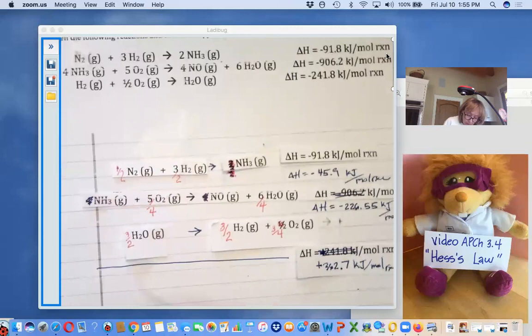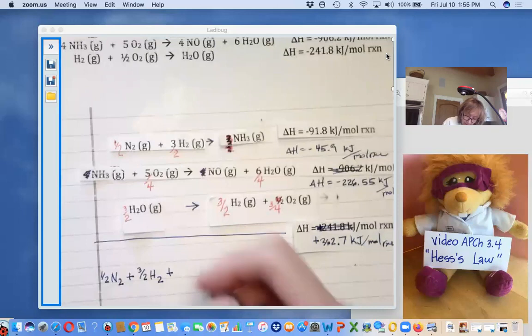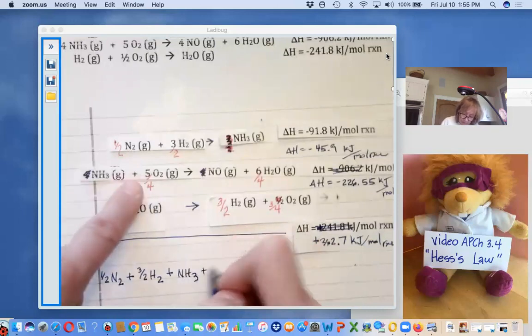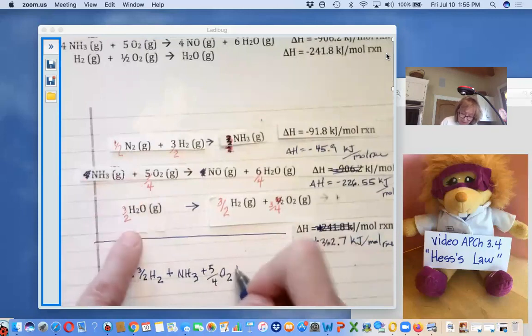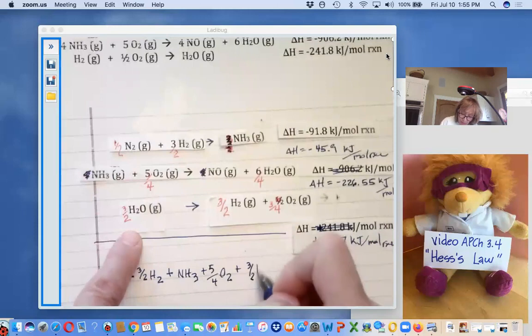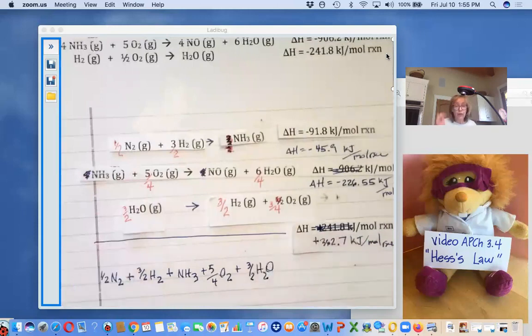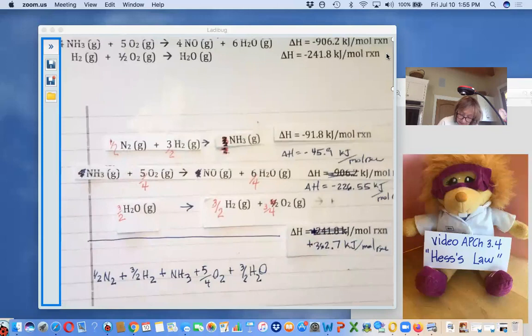I have 1/2 nitrogen. I have 3/2 hydrogen. I have, oops, I'm almost off the page. I have an NH3. I have 5/4 oxygen, and I have 3/2 water. Okay, those are all the reactants that I've added together.